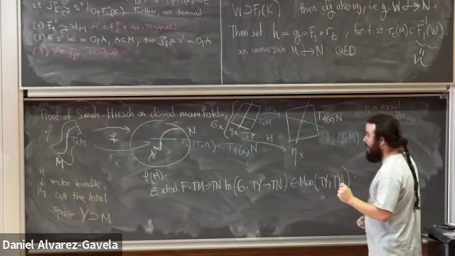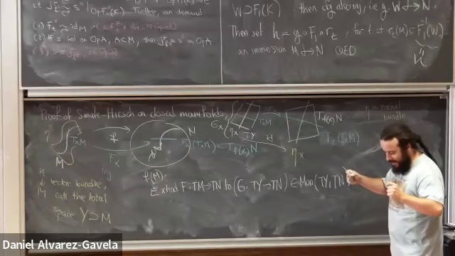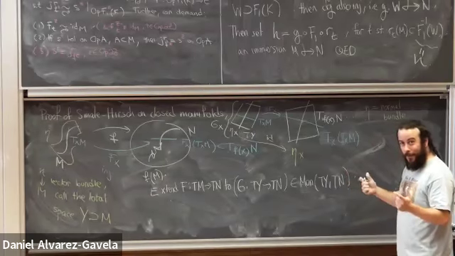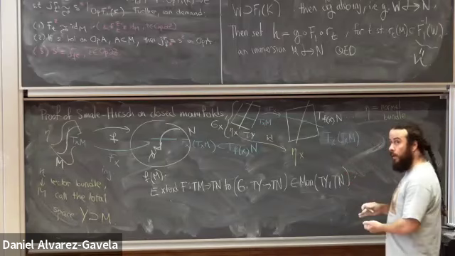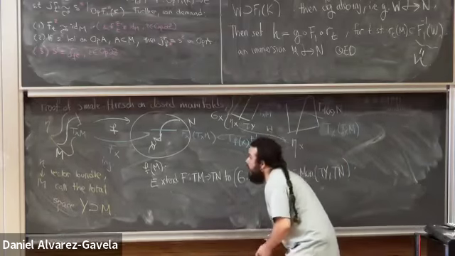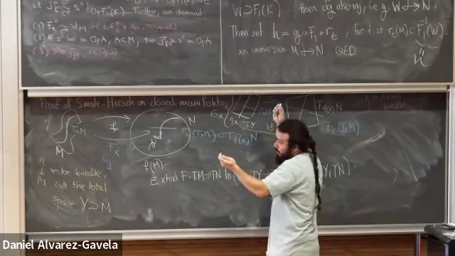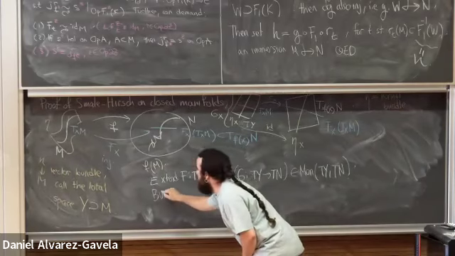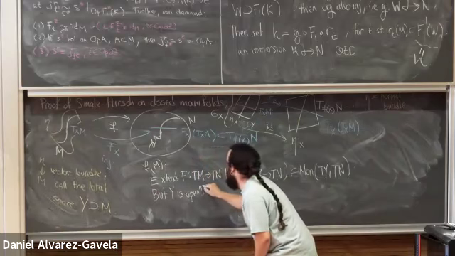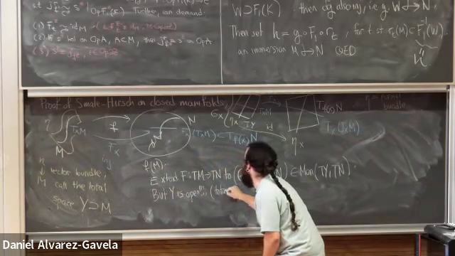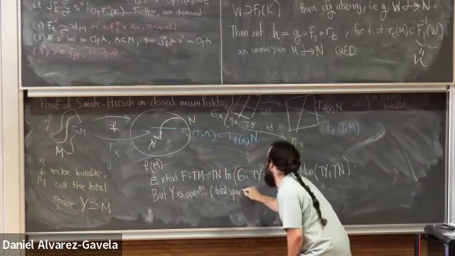And now the point is, M is a core for the total space of eta. M is a core for Y. So you see, or even, I mean, Y is open. It's the total space of a vector bundle.